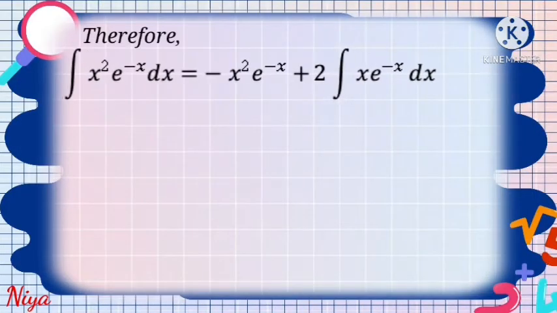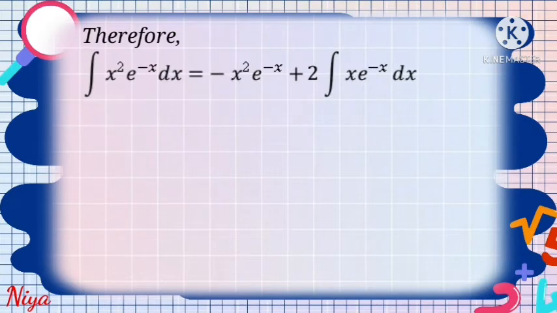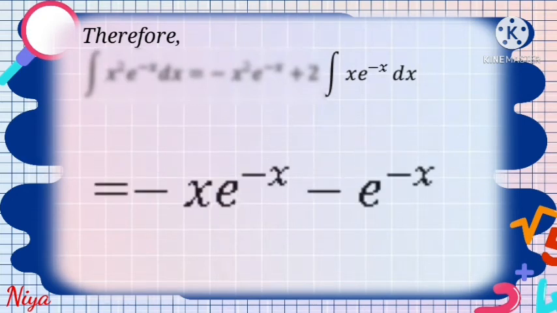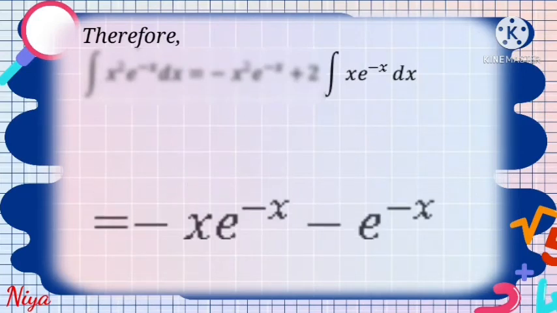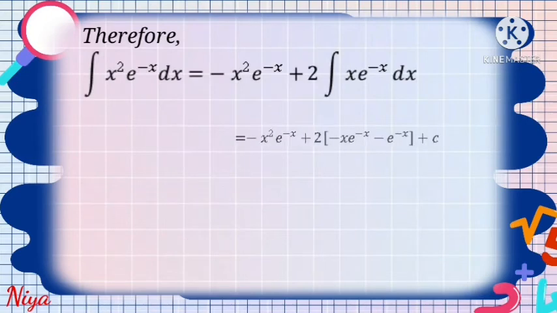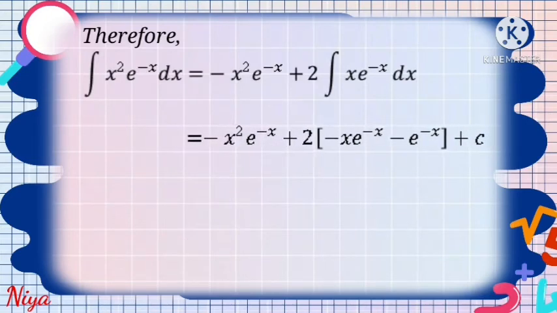Therefore, the integral of x squared times exponential power negative x dx is equivalent to negative x power 2 times exponential power negative x plus 2 integral of x times exponential power negative x dx. Since we already found the integral of x times exponential power negative x dx, which is equivalent to negative x times exponential power negative x minus exponential power negative x, we will substitute that into the formula.